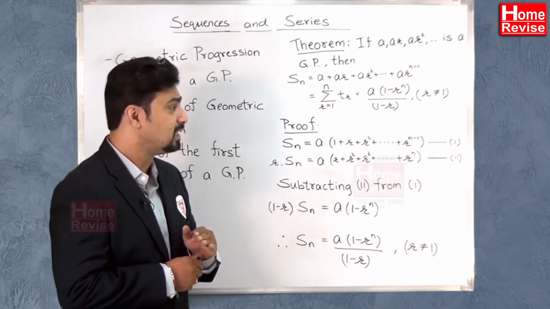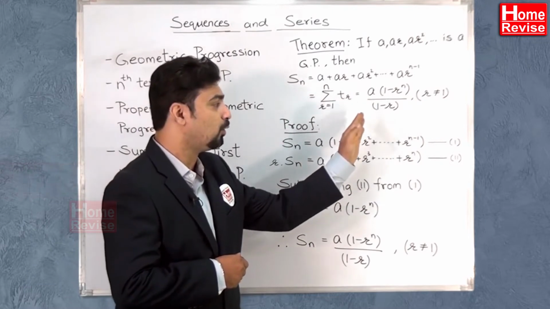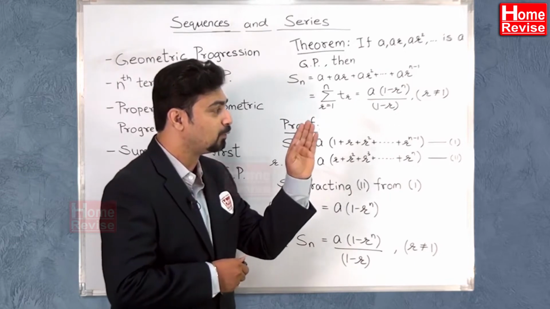And the formula is equal to a into 1 minus r raised to n whole upon 1 minus r, subject to the condition that r is not equal to 1.